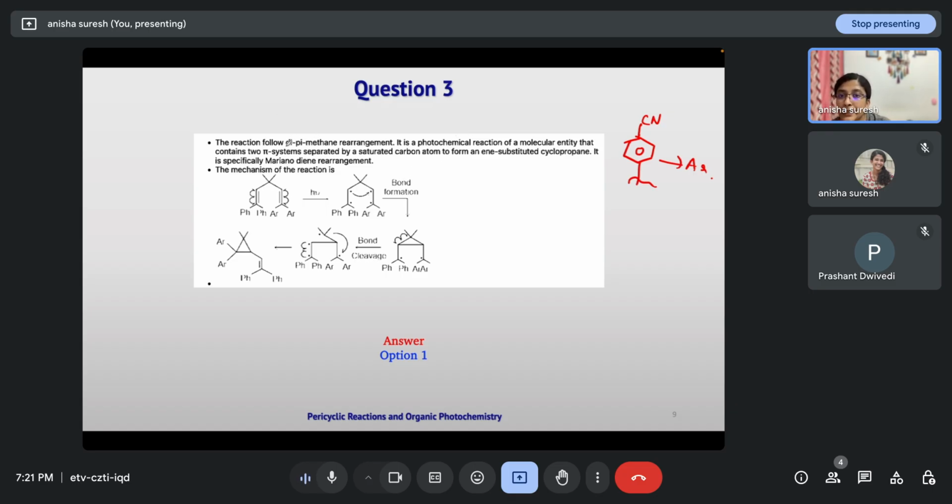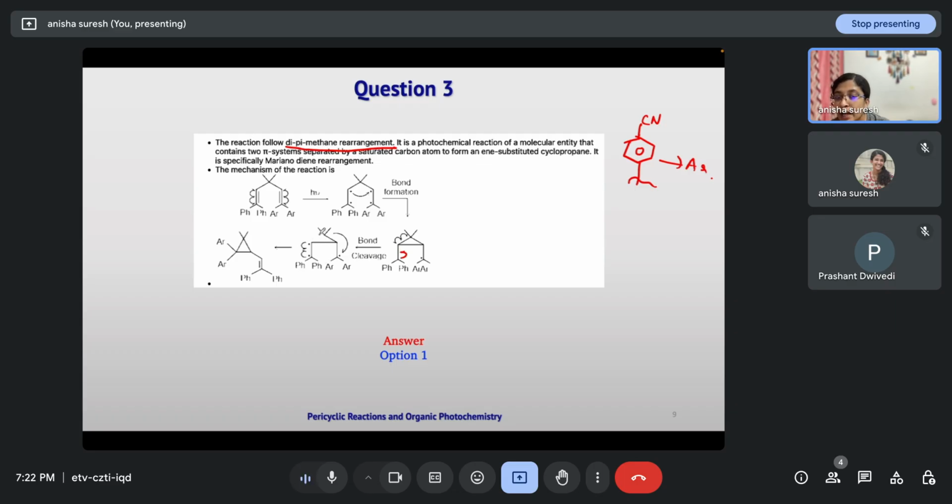So this is a di-pi-methane rearrangement. Under photochemical condition, this alkene will undergo irradiation, leading to formation of this tetra radical. Then a bond formation will be taking place between these two radicals, leading to formation of the cyclopropane. Then this bond will cleave, leading to formation of this tertiary radical, and these two radicals will recombine, leading to formation of the double bond.